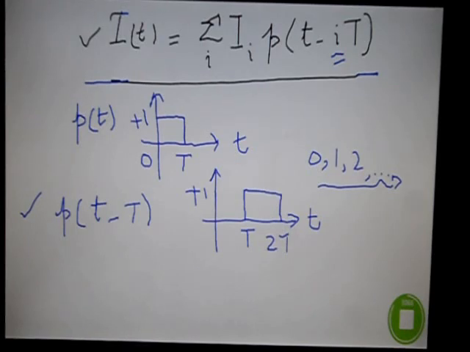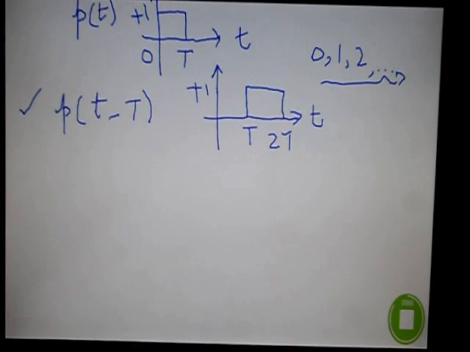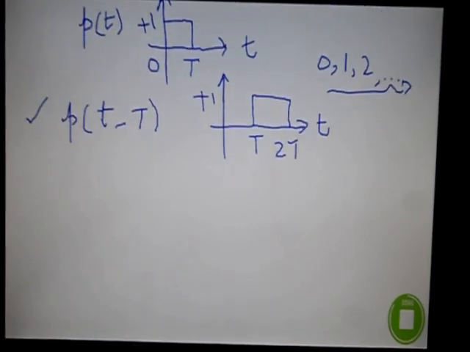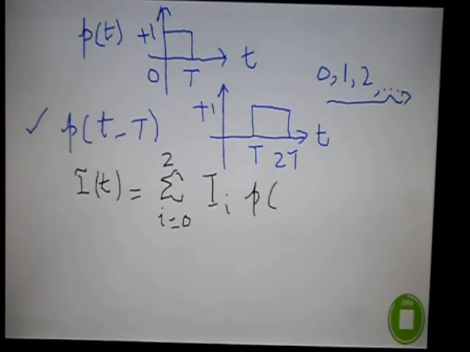So let me put some specific values of i and then we try to solve this equation and see our signal. Suppose my i is just 0, 1, 2. So I of t would be the summation for all i from 0 to 2 of I sub i times p of t minus iT.